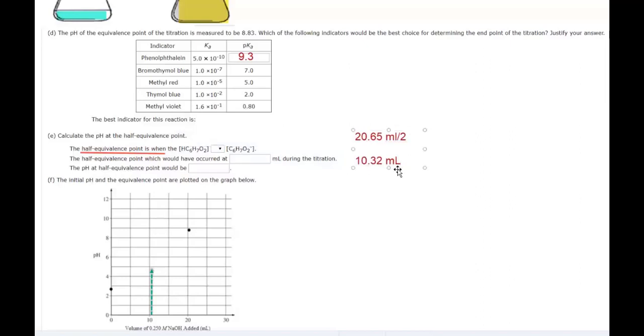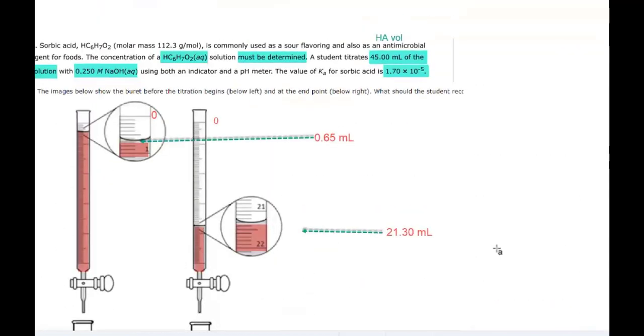So we've got the mLs at which it occurred, but what's the pH? Now here's the other rule that you've got to remember. At the half equivalence point, the half titration point, the pH equals the pKa. If you go back to the question, they gave you the Ka for sorbic acid.